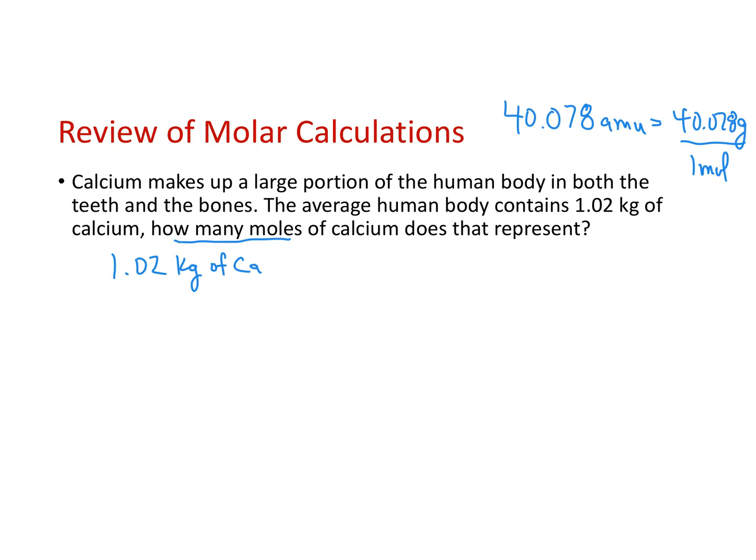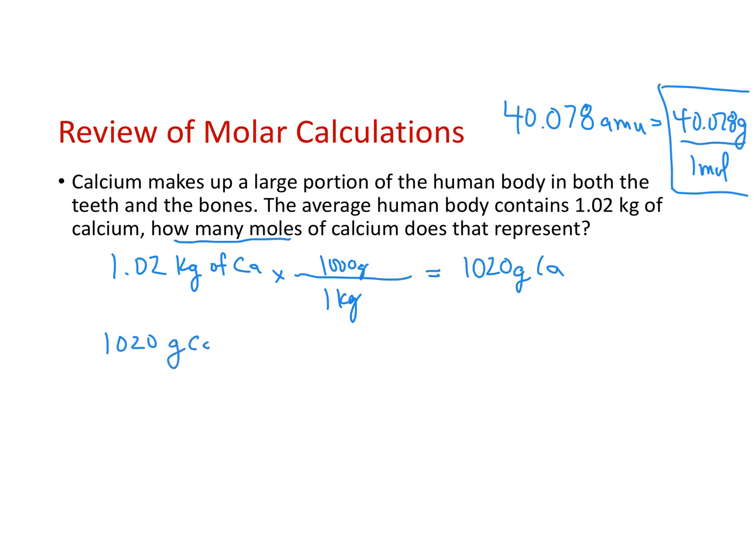My conversion factor is grams per mole, but I have a mass in kilograms, so I need to convert to grams. I know 1 kilogram is 1,000 grams, so multiplying by 1,000, I get approximately 1,020 grams of calcium.